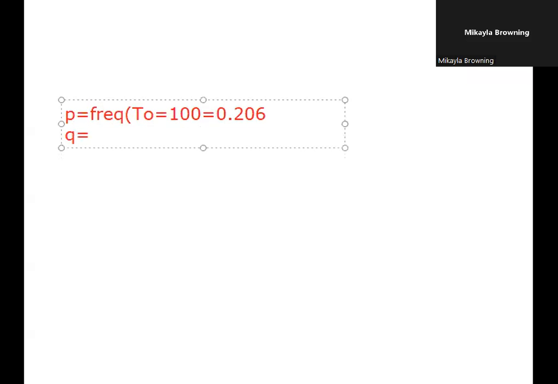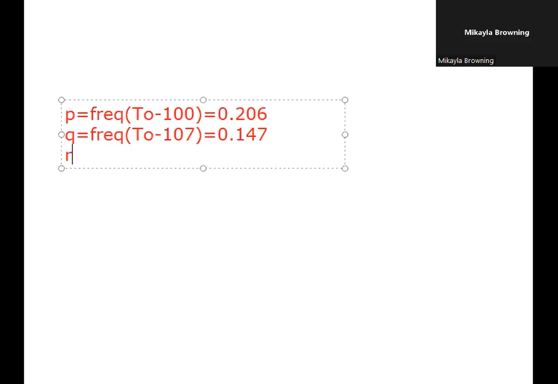We'll let Q be the frequency of TO-107, and that's equal to 0.147.